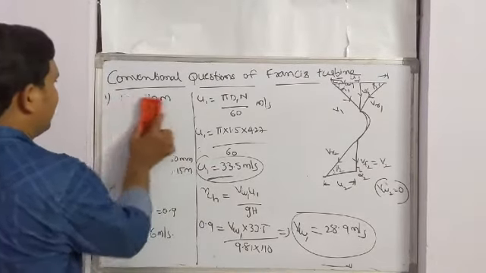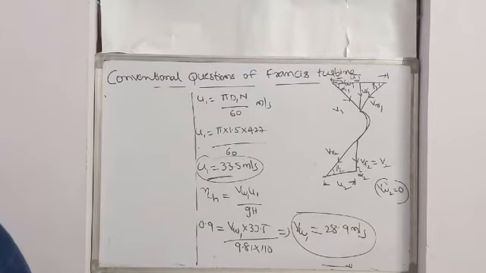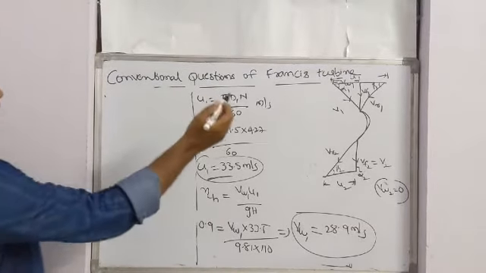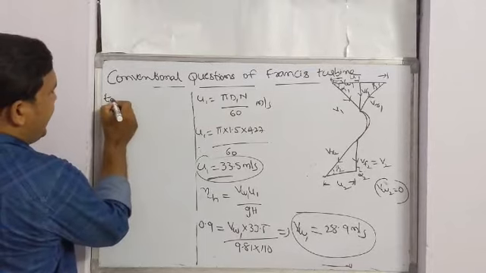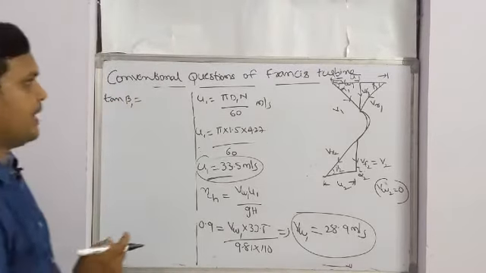So one by one we will go. From the triangle, tan beta 1 is opposite side by adjacent side.